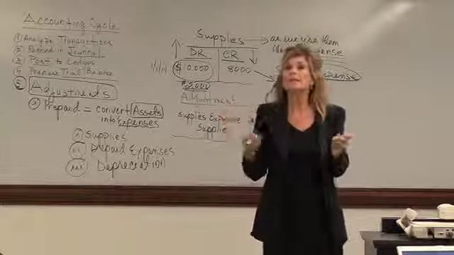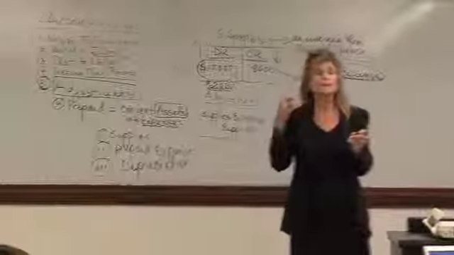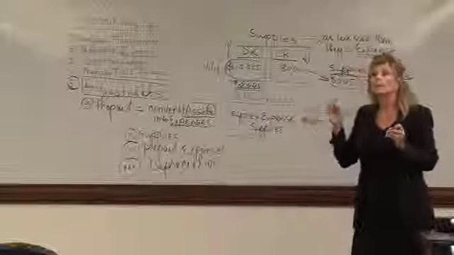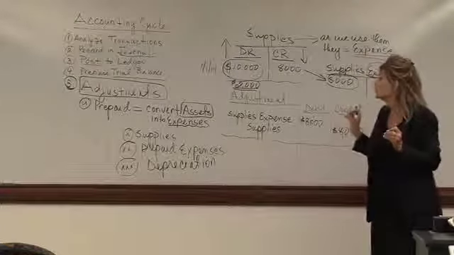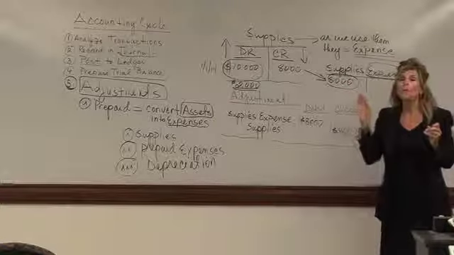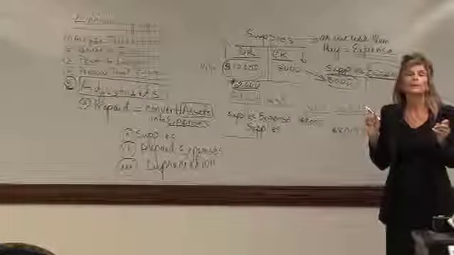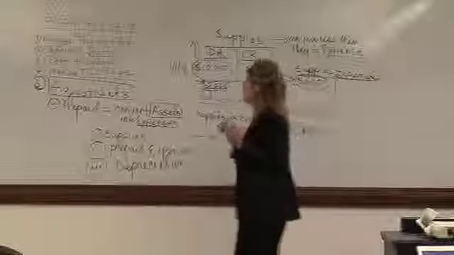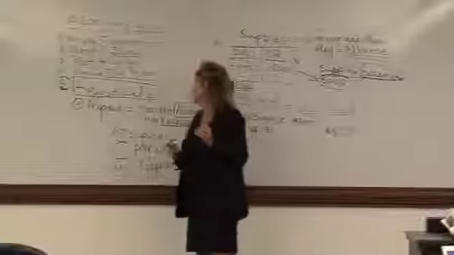So companies every quarter, some companies do it every month, will adjust accounts because you want to make sure all the balances are accurate before you prepare your financial statements. So that's the first type of prepaid.